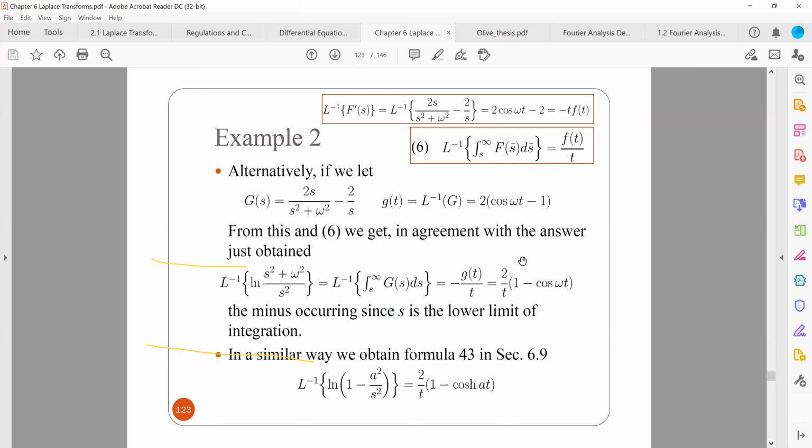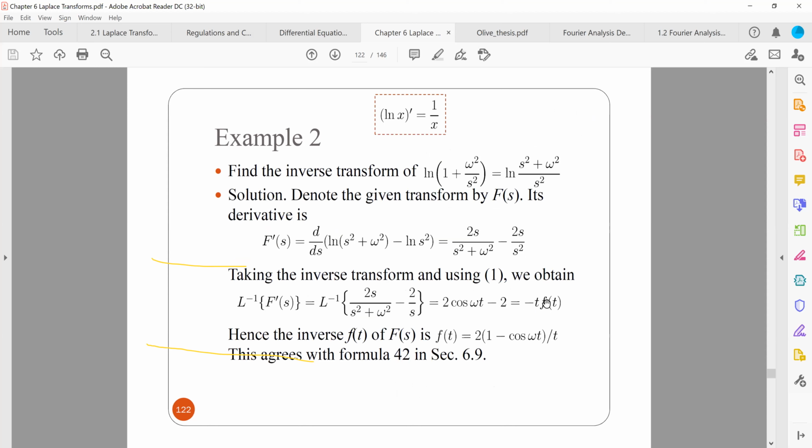Now you have got your simplified f. The first task is to get the simplified f. After getting the f, as you know, the derivative of the Laplace transform is equal to negative the Laplace transform of t times the function of t.